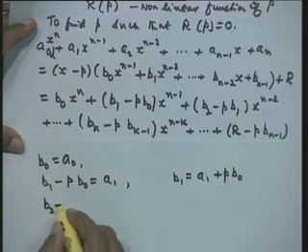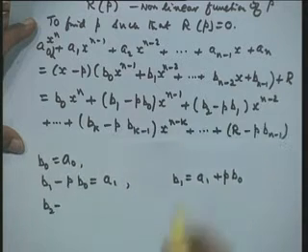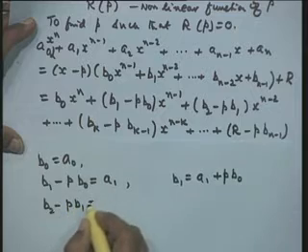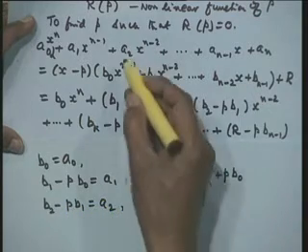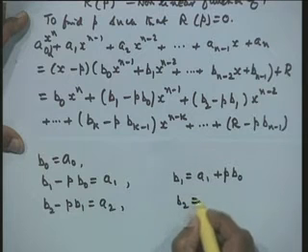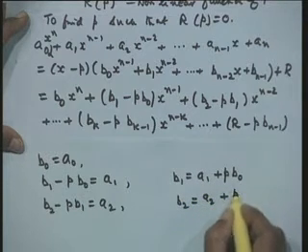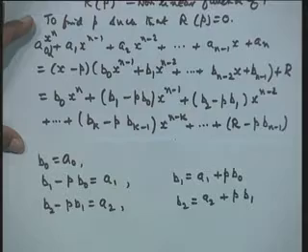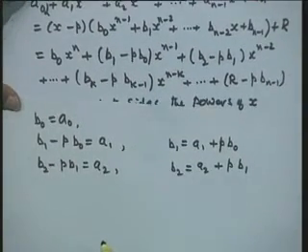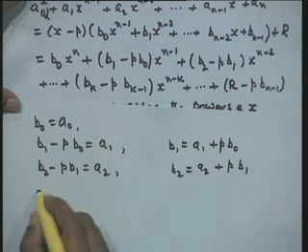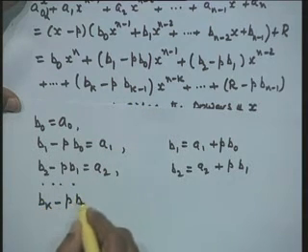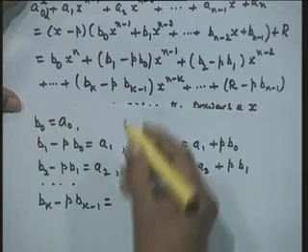Then I go to the next coefficient, b_2 minus p b_1, which is equal to a_2. I solve for b_2 again: b_2 is equal to a_2 plus p b_1. Now I compare the general term b_k minus p b_(k-1), which is equal to a_k.